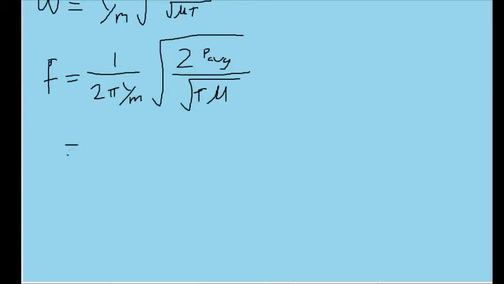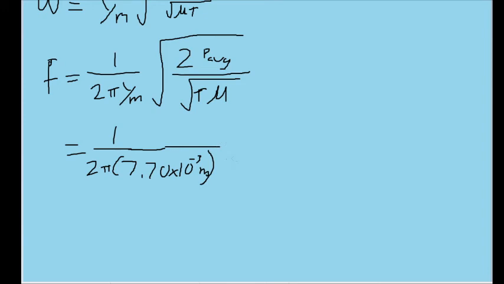So this is going to be equal to 1 divided by 2 pi times the amplitude. And the amplitude of the string, as it's given to us in the problem, is 7.70 millimeters. But we'll want to write that in meters. So let's write that as 7.70 times 10 to the power of negative 3, so that we have it converted to meters now.